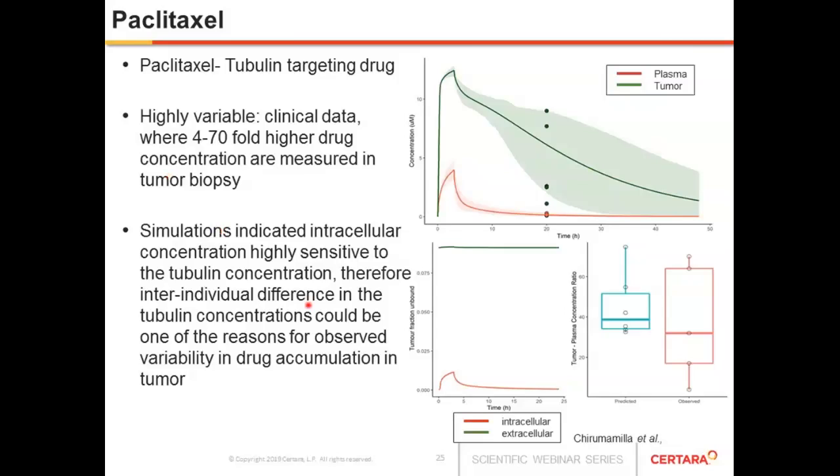So what my colleague Siri was able to look at, looking at simulations of the intracellular and extracellular concentrations, is that there were significant intracellular concentrations which were highly sensitive to tubulin concentrations. And also those inter-individual differences in tubulin could affect some of the non-linearity that you could observe in this case, and affect accumulation of the drug.